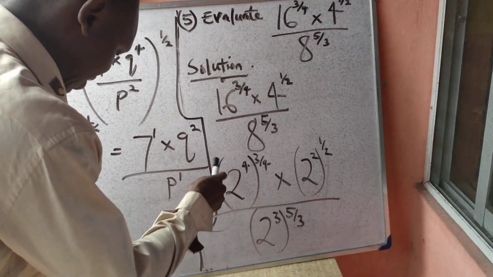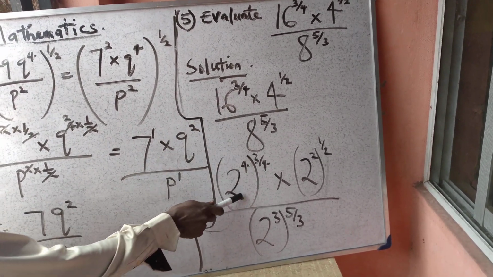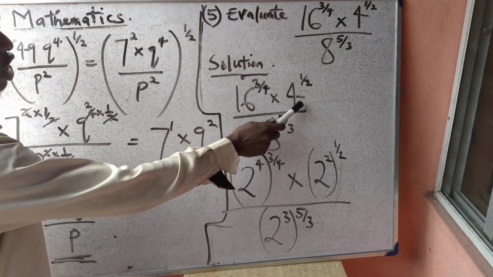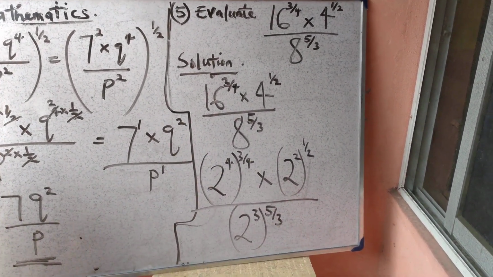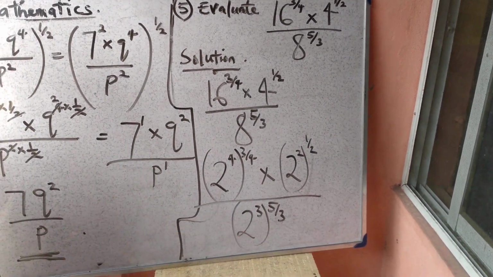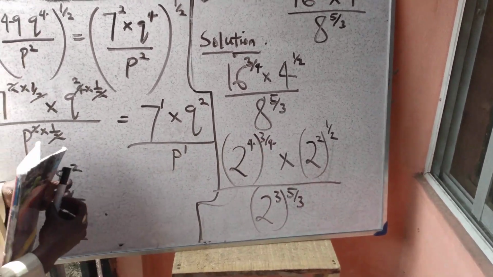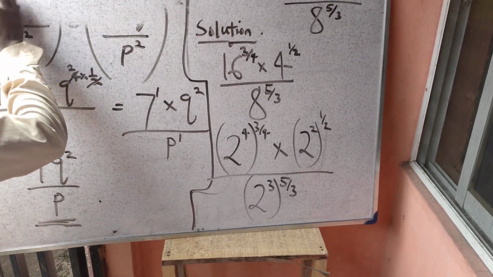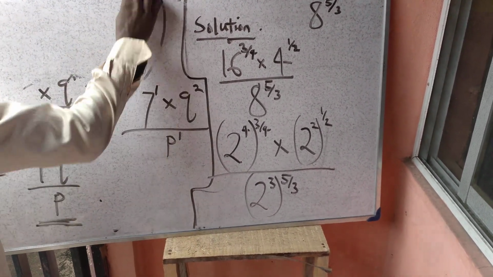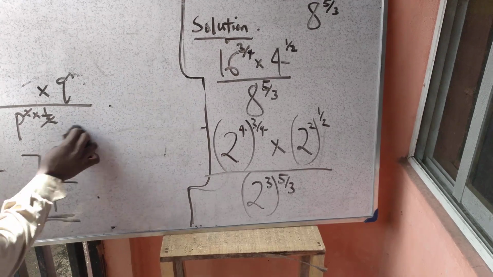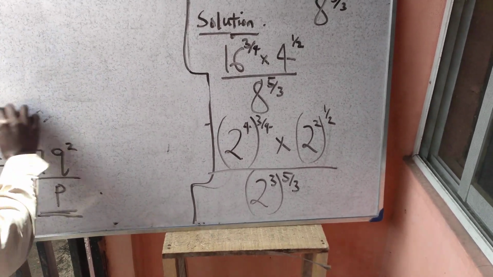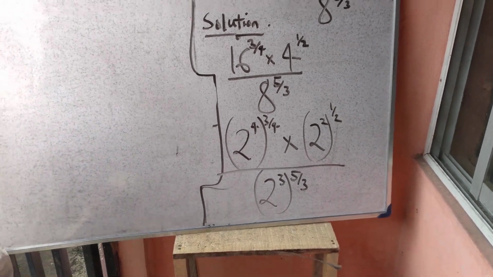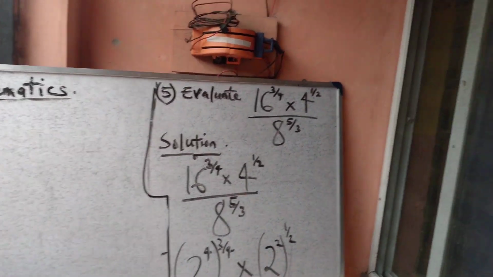So you see that 16 alone is 2 raised to the power 4, and 4 alone is 2 raised to the power 2, and 8 alone is 2 raised to the power 3. So simplifying this further, open this bracket.